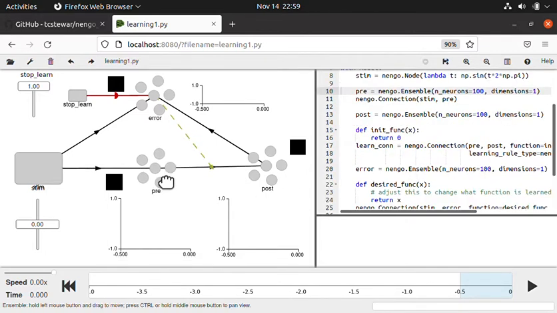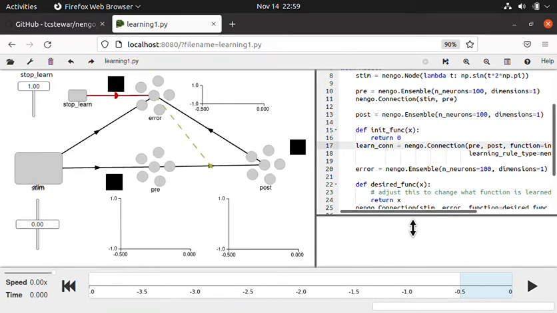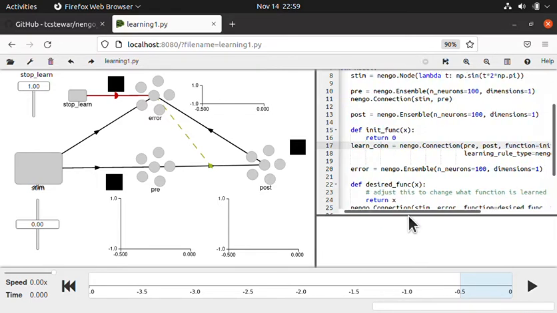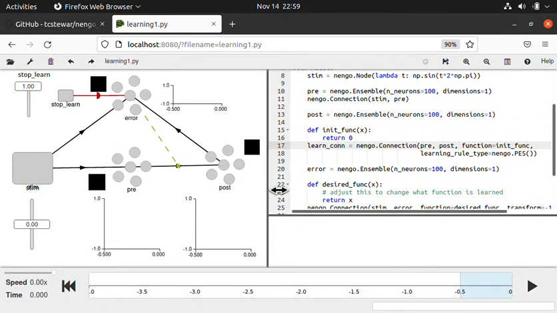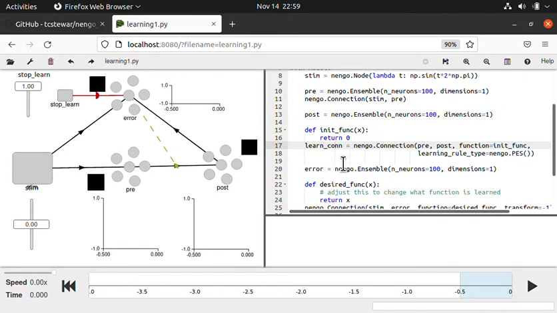I've got this second group of neurons, that's this one here. I'm going to make a connection from this group of neurons to this group of neurons. And this is where we're going to get something a little bit new. So I'm going to make this connection. It's going from pre to post.